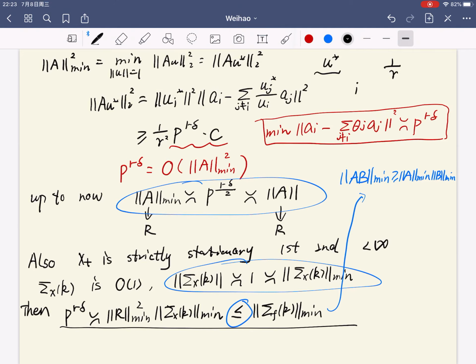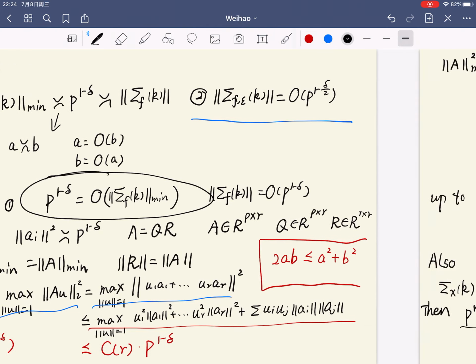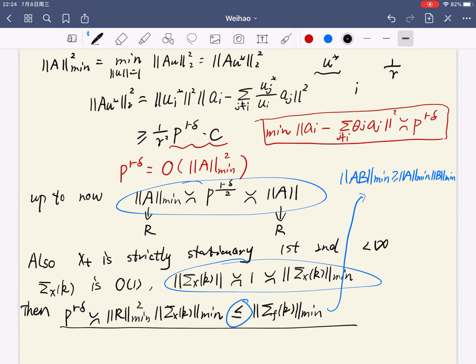The first bound gives us the direction of, and we also have a second bound.